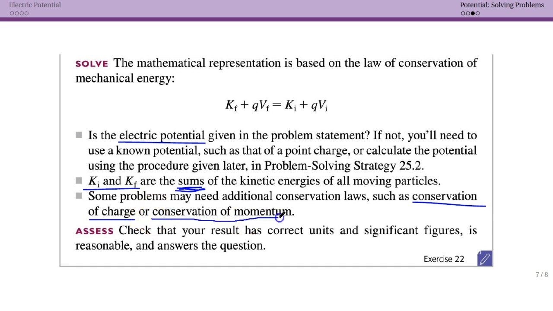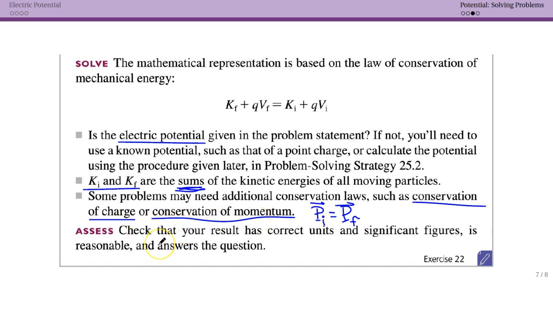Sometimes we're going to have conservation of momentum, and remember that your system momentum initially is equal to your system momentum at the end. P initial equals P final, and I use capital P here to show that you must consider the momentum of every single piece, and these are vectors. So again, go back and look at some Physics 202 videos if you think you need to use conservation of momentum and don't remember anything about it.